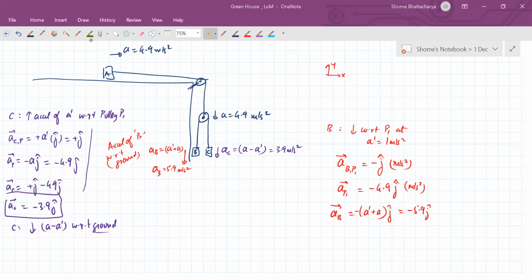Okay, so later when you are revising this, you can go through a couple of examples from H.C. Verma which are very similar to this question.